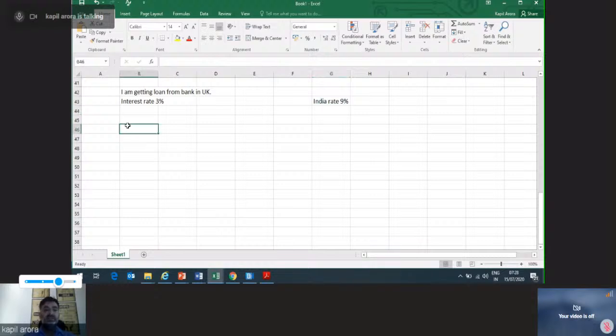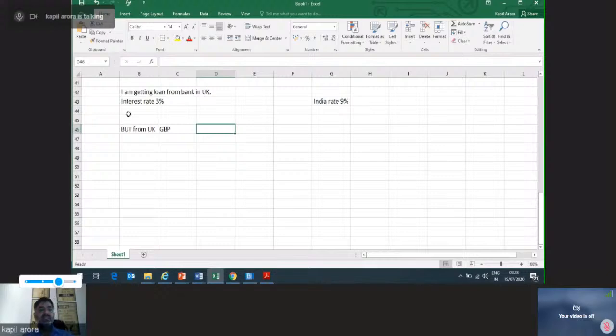But when I take the loan from UK, I get the loan in foreign currency, which is GBP, the British pound. Now the British pound keeps on fluctuating as compared to the Indian currency.